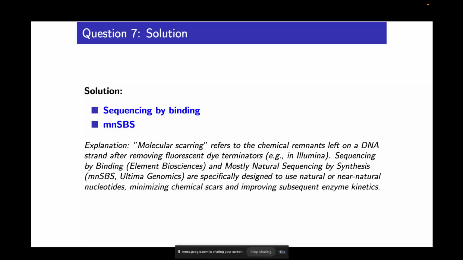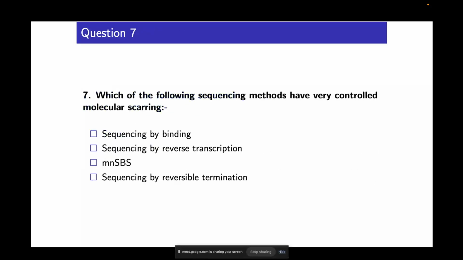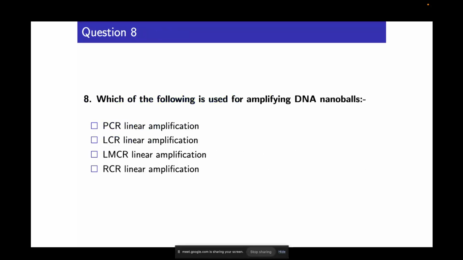This technology is specifically designed to use natural nucleotides, minimizing chemical scars and improving subsequent kinetics. So A and B are the options. Definitely A and C are the options, right? Reverse transcription does not matter. Reversible termination also, you're going to have some scarring. Okay, moving on.